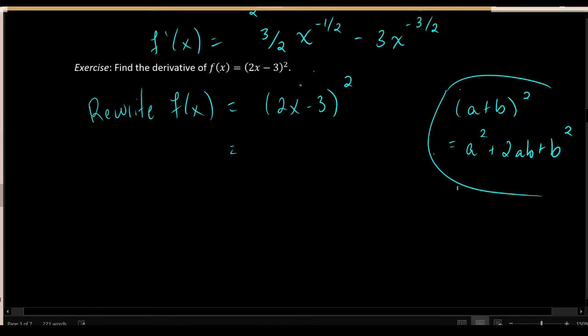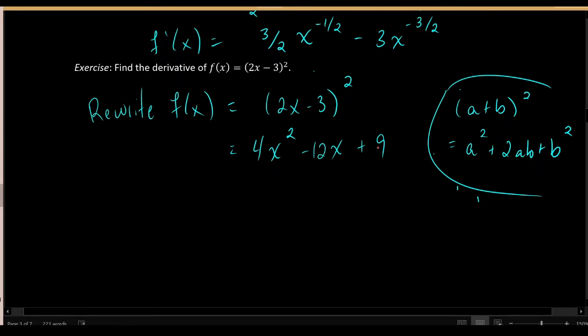So if I take 2x and square it, I get 2 squared, which is 4, and x squared. If I take 2x times negative 3 and double it, negative 12 times x, and then minus 3 squared will be positive 9.